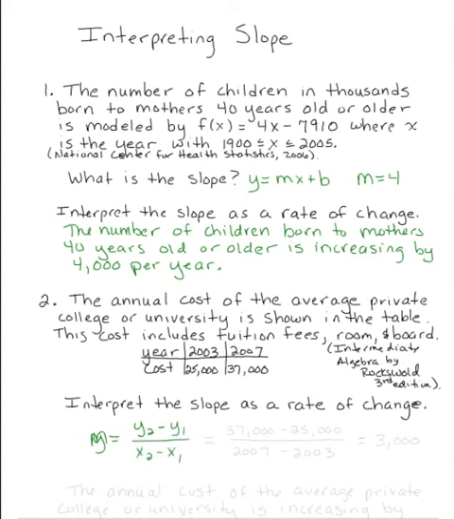So using the numbers that were given in the table, we're going to take 37,000 minus 25,000, and we're going to subtract the years underneath that. So we're going to take 2007 minus 2003. You can use your calculator if you want to calculate that, but what we end up getting for our slope is going to be 3,000.